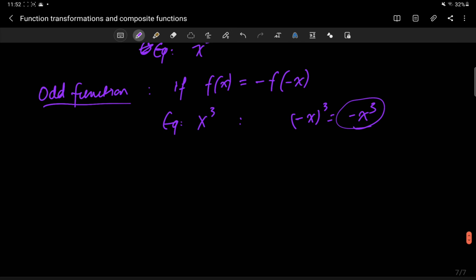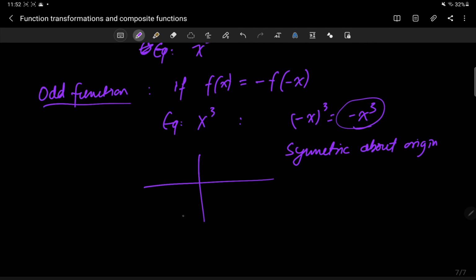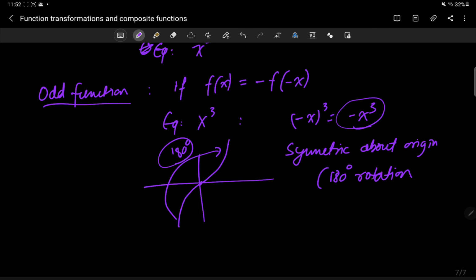Now for these functions, we say these are symmetric about the origin. For example, if you plot this x cubed function, the x cubed function looks like that. This means if you rotate this 180 degrees about the origin, then they remain the same.